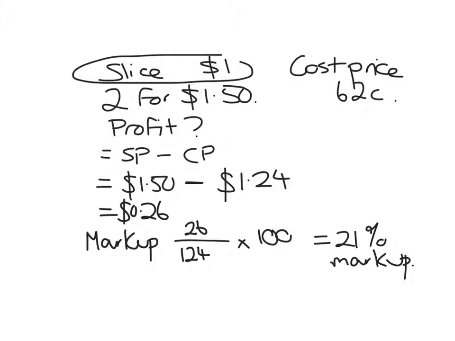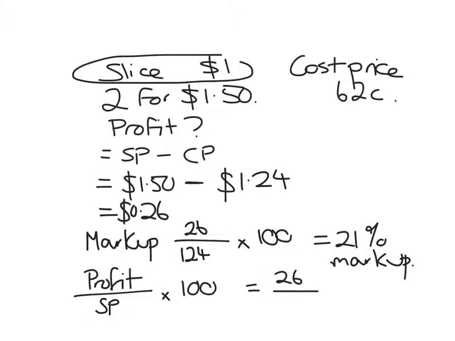Then if you're doing the profit as a percentage of the sale price, you're just going to go your profit divided by the sale price times 100. So in this case, that's going to equal 26 over your selling price.